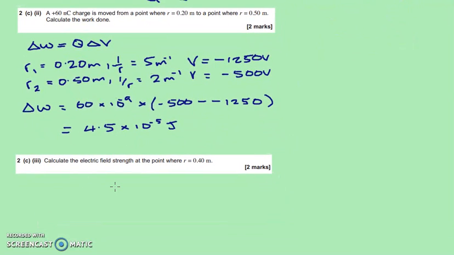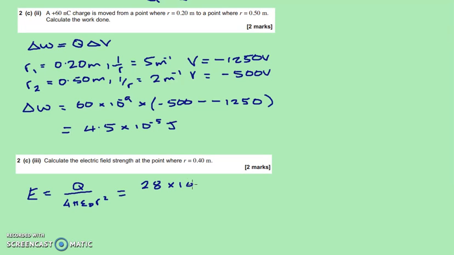The final part says, calculate the electric field strength at the point where R equals 0.4 meters. So we need an equation for electric field strength, which is Q over 4 pi epsilon naught R squared this time. Now, our electric field strength is due to the charge that we found earlier.